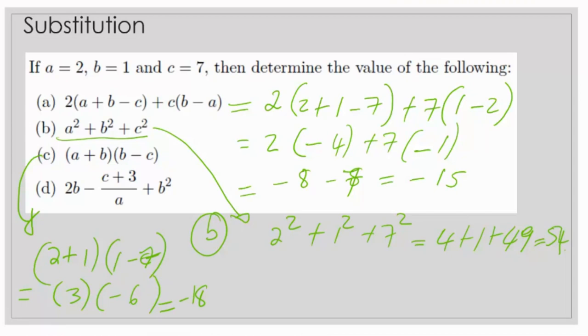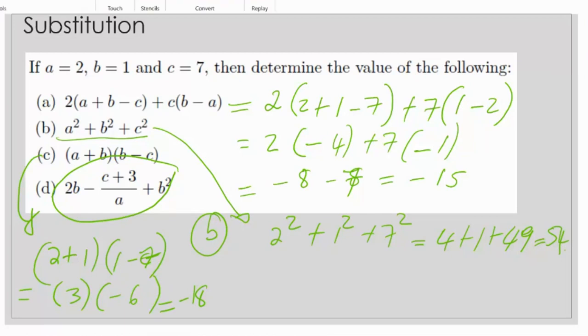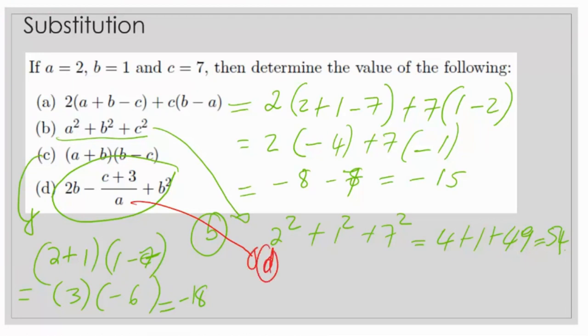Let's bring this thing here. I need a different pen, a different color. All right, okay, so then this is number D. Be careful when you are doing substitution.